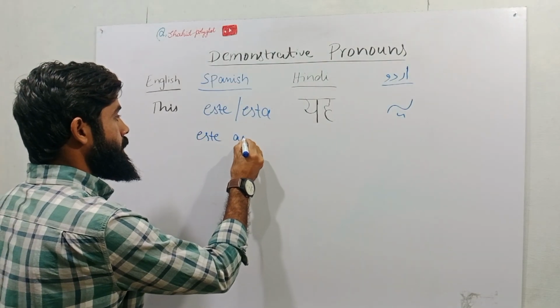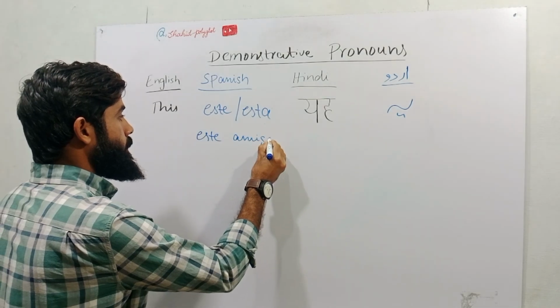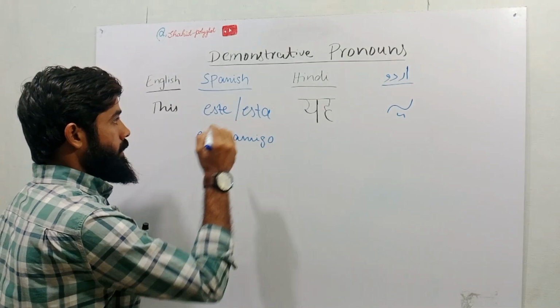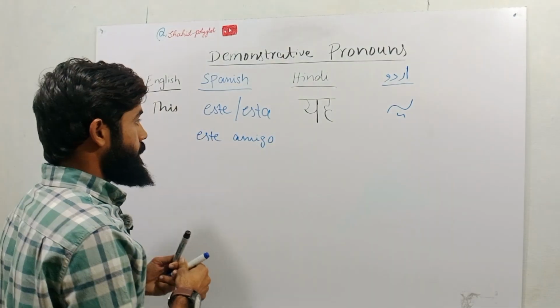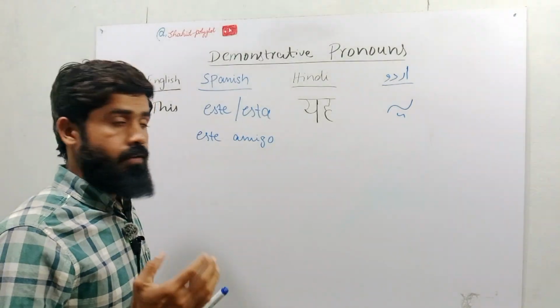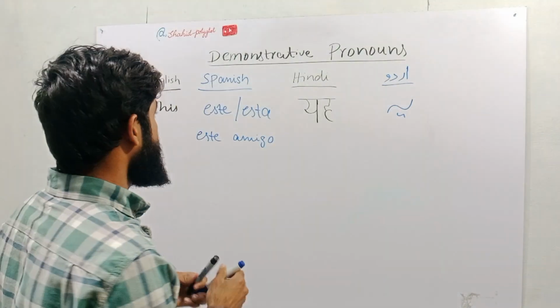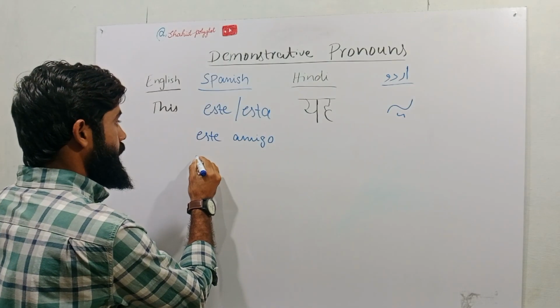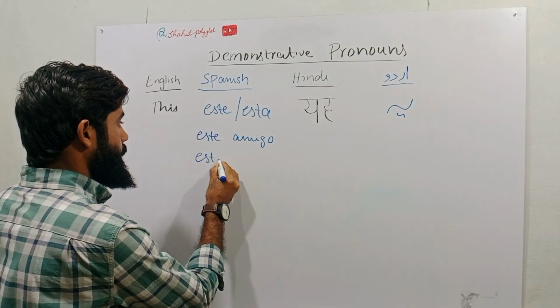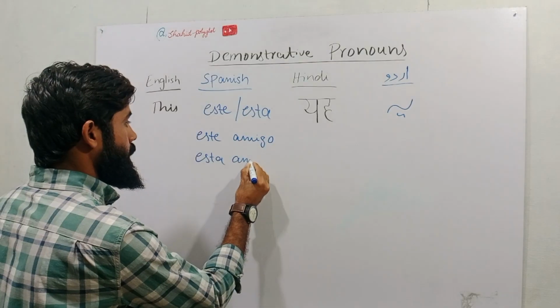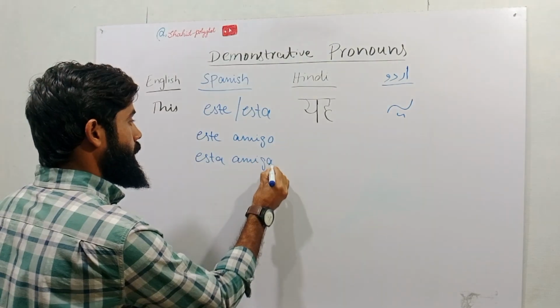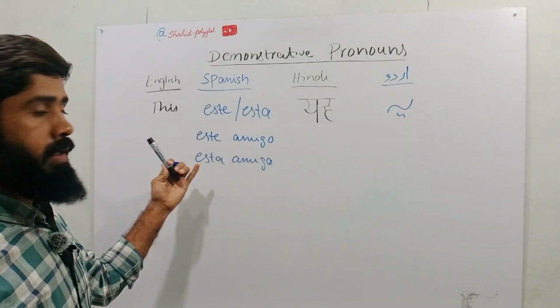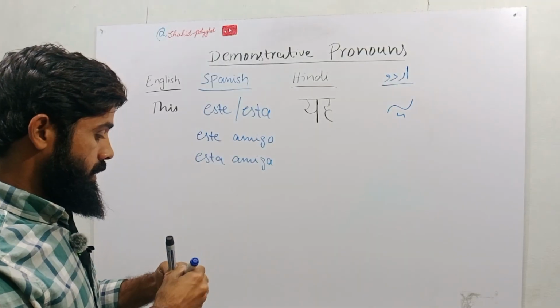And if we use esta, we say this female friend. We say esta amiga. Este amigo and esta amiga.